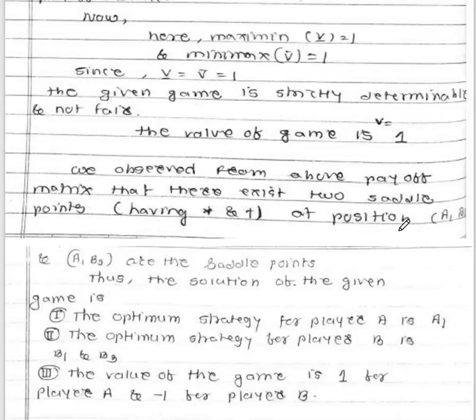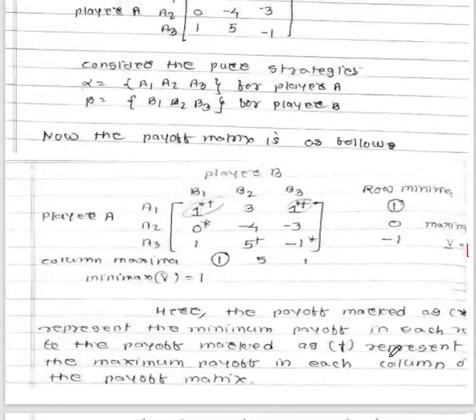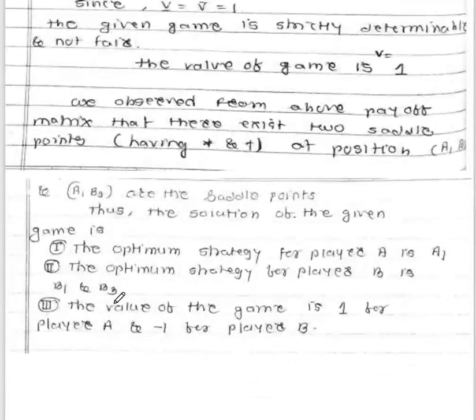Now if you observe the given payoff matrix, there exist two saddle points. As I already told you, having star and plus at positions A1B1 and A1B3, these are the saddle points. Therefore, the solution of the given game can be written as: the optimum strategy for player A is A1, and the optimum strategy for player B is B1 and B3.